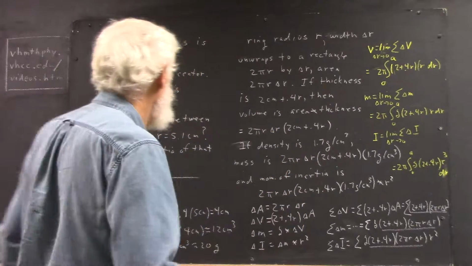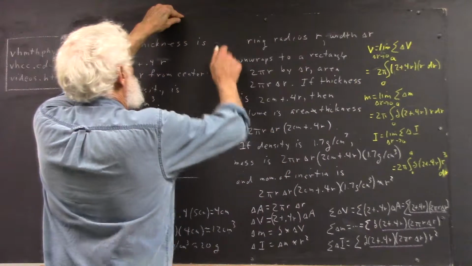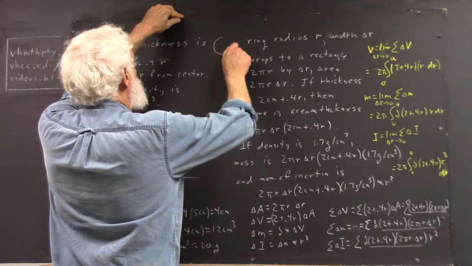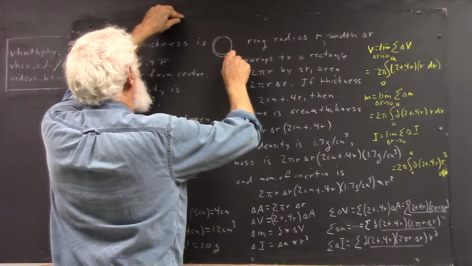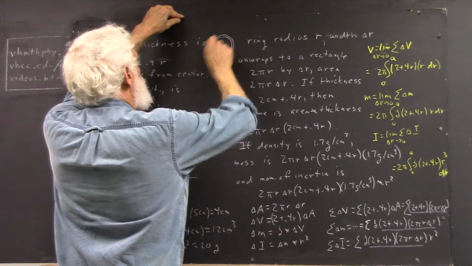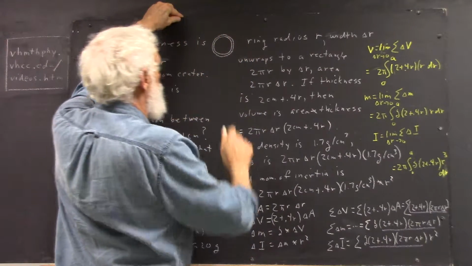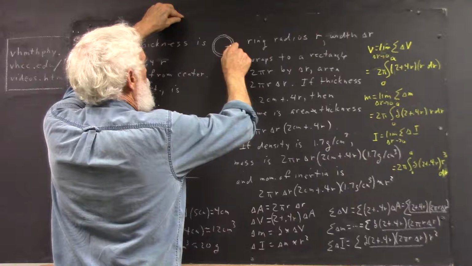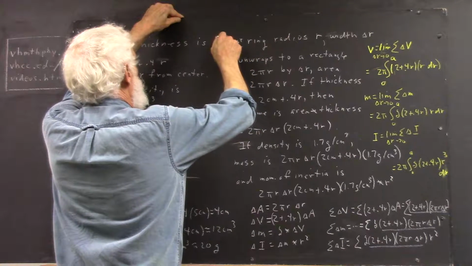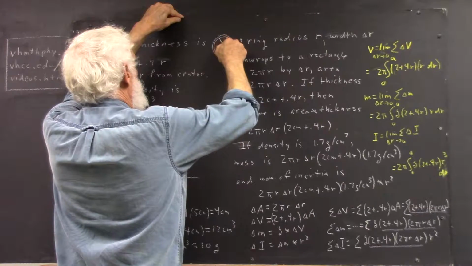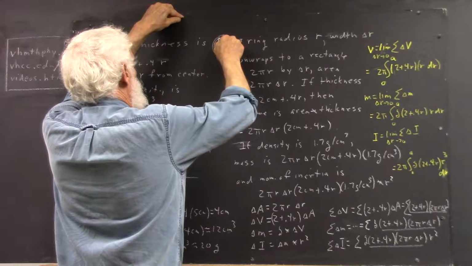Now that would be a ring maybe looking something like this. And the width is delta r, and the radius is r.